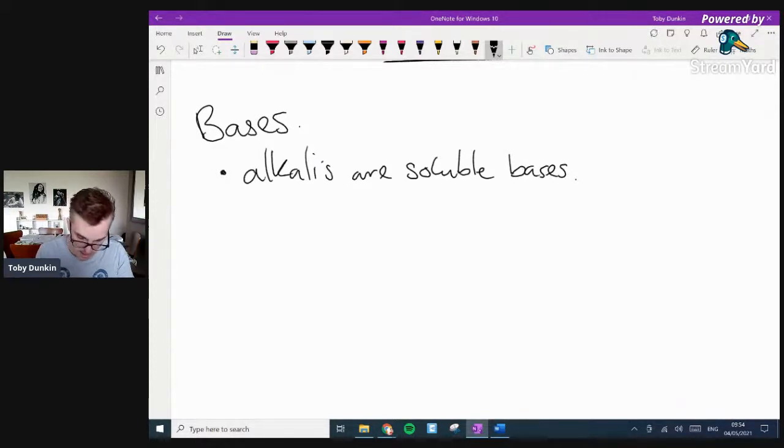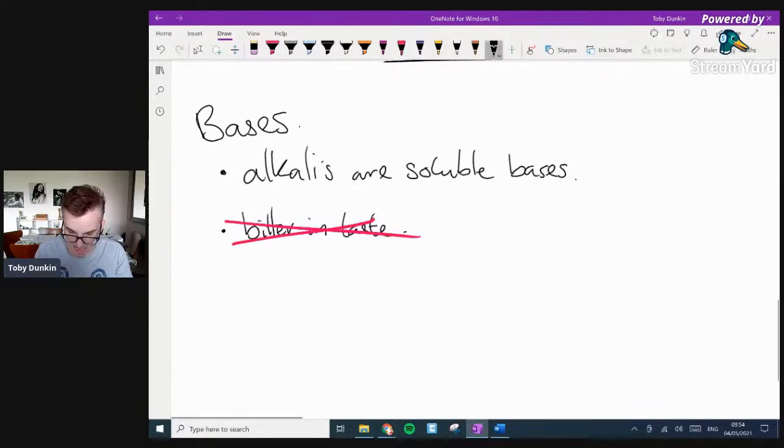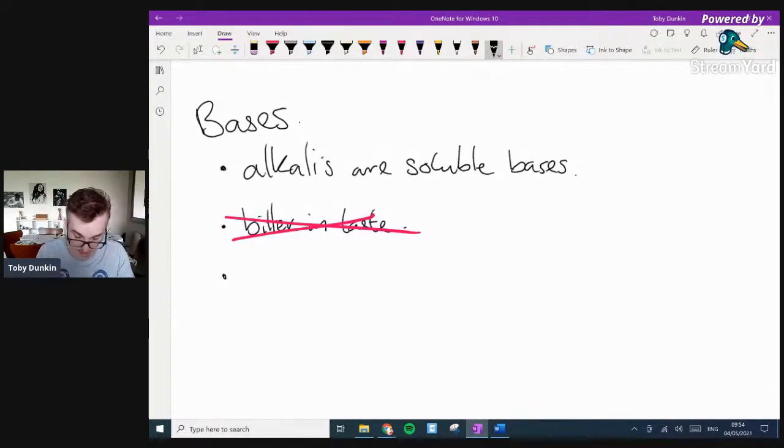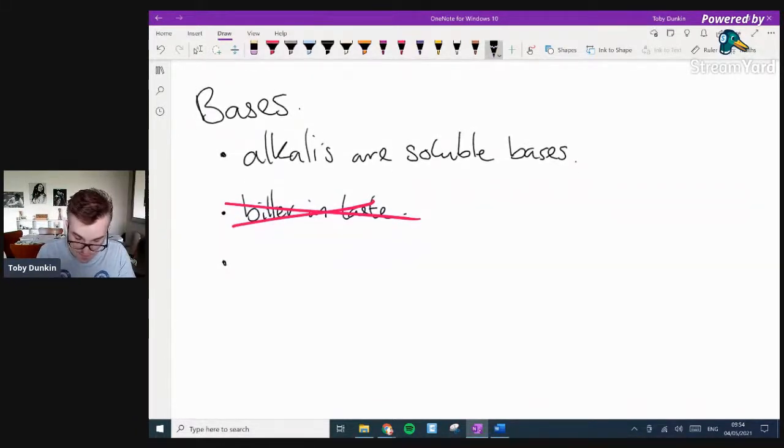Next thing. They are bitter in taste. Now, we don't need this for GCSE. You're not going to use that one anymore. It's dead, but it's nice to cover it. This one actually from Zyna is really good. They are soapy and slippery.